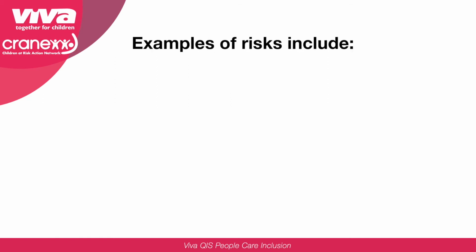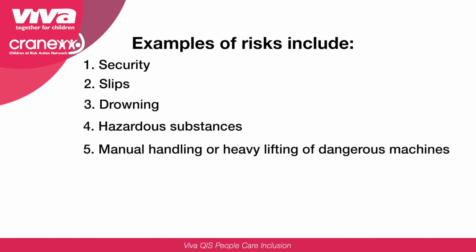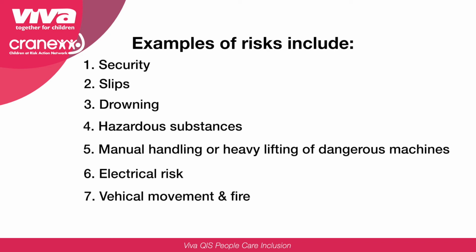Examples of risks include security, slips and falls, drowning, hazardous substances, manual handling, or heavy lifting of dangerous machines. There are also electrical risks, people who work alone, vehicle movements, and fire. Those are limited, but there are more examples that are risky to individuals and organizations.